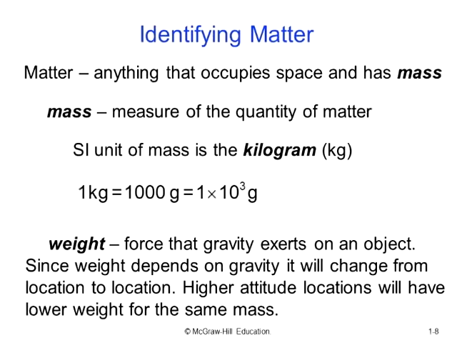Higher altitude location will have lower weight for the same mass. This is why for determining mass, a balance and a scientific balance is used. For determining weight, a weighing scale is used because the electronic balance is independent of the force of gravity. The scale at your home is not independent of the force of gravity.